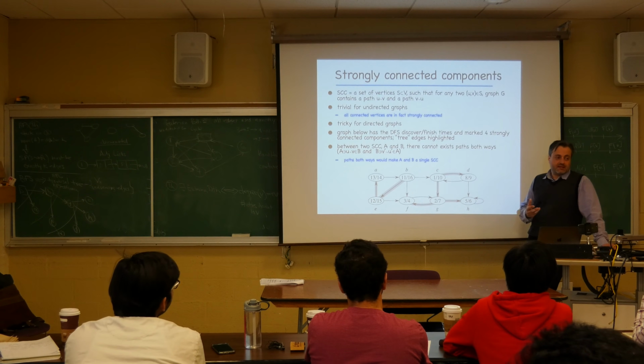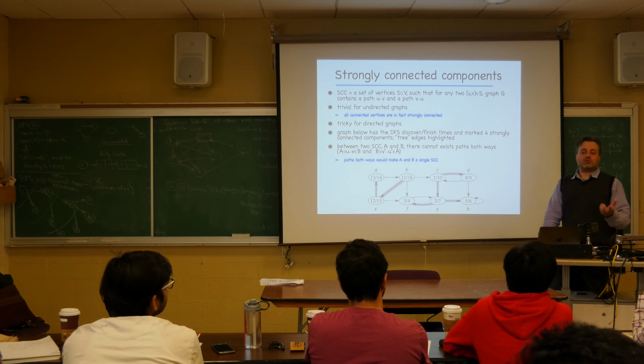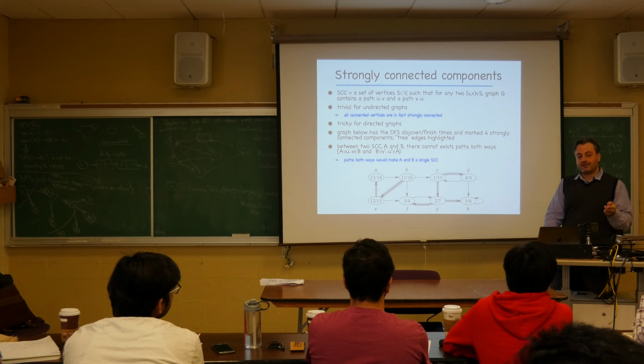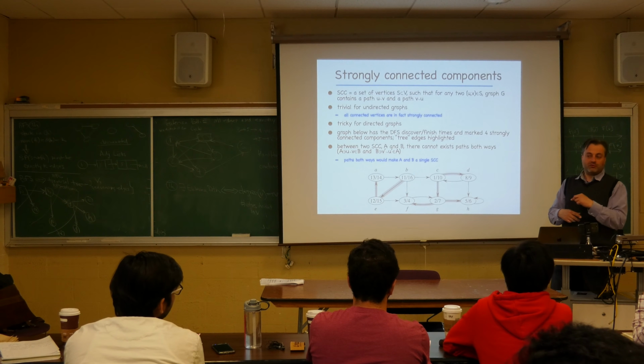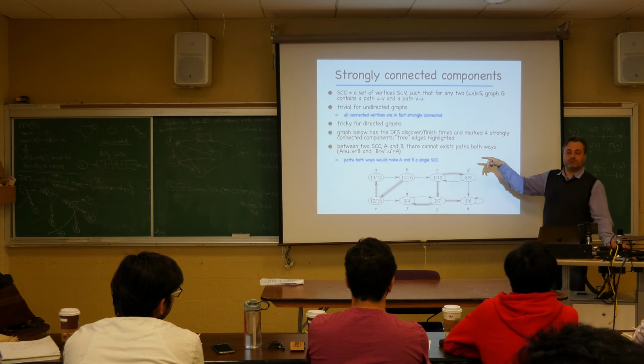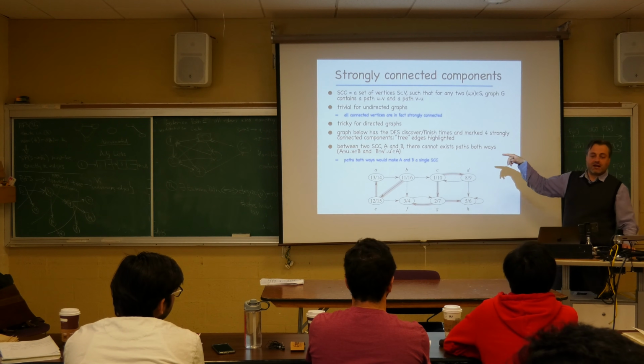In an undirected sense, connected and strongly connected mean the same thing. If I reach from U to V, I can reach back from V to U. But in a directed sense, this is not true. I can reach from V to U, but not from U to V. This is the case I had on the graph I showed you, the DFS graph.